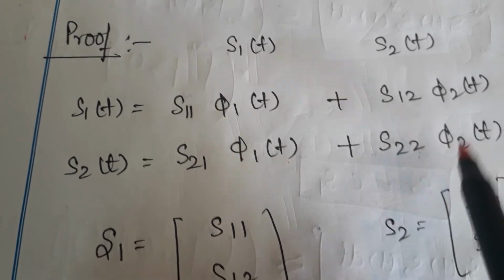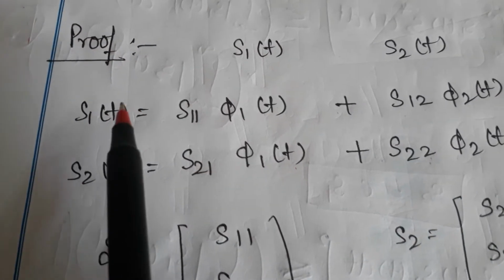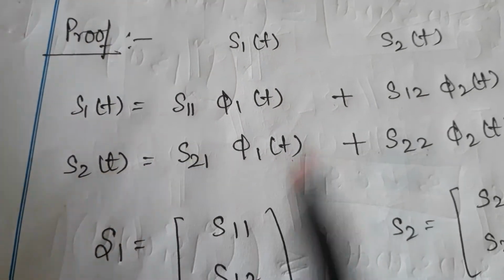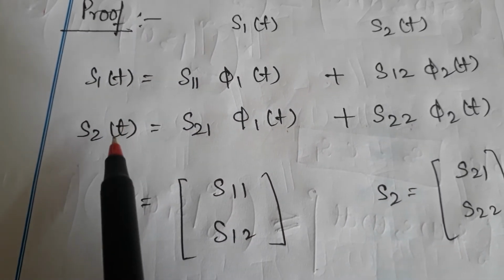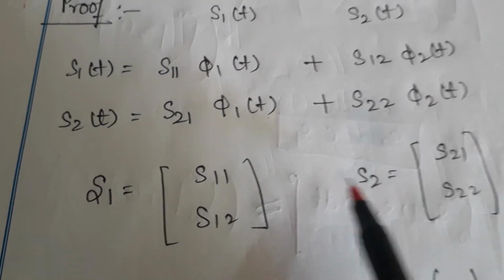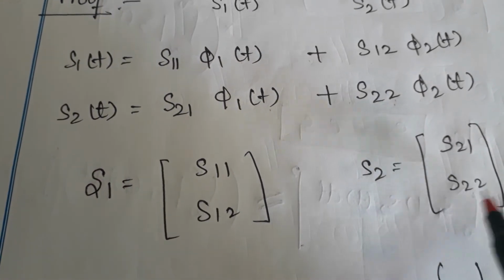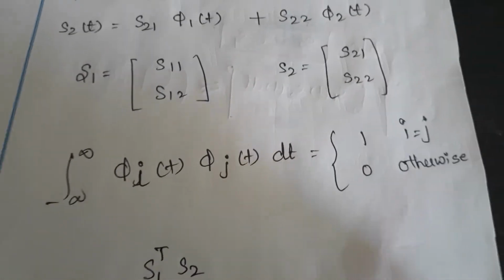So this is the equation. S1 means S11, S12. See here, S1 is 1, 1, 1, 2. Here S2 is nothing but 2, 1, 2, 2. This is S2.